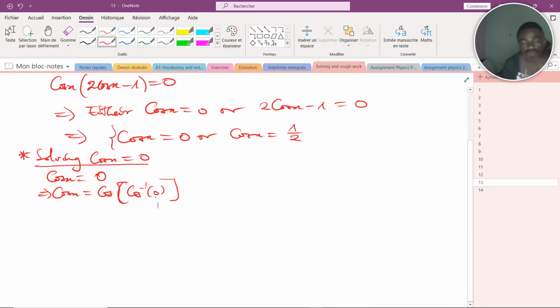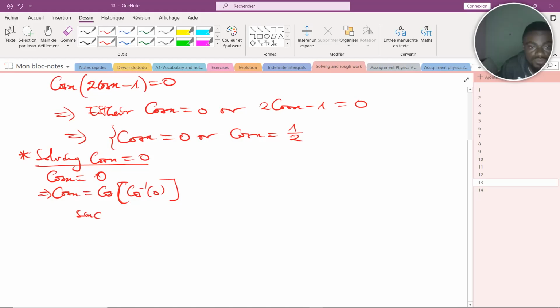When you look at the trigonometric function, if you can use your calculator, the cos of what angle gives 0? The cos of pi on 2. Yes, it is the cos of pi on 2 that gives 0.